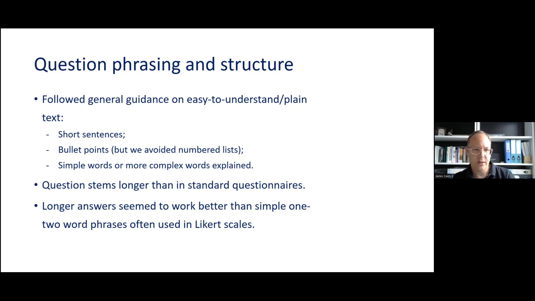For this particular group, the question stems were longer than in standard questionnaires, and people found that a bit more useful. Sometimes longer answers seemed to work better than the simple one or two word phrases that you might find in a standard Likert scale: very good, good, bad, very bad. People tended to favour a little bit more detail so they could relate more easily to the particular response option that they were picking.